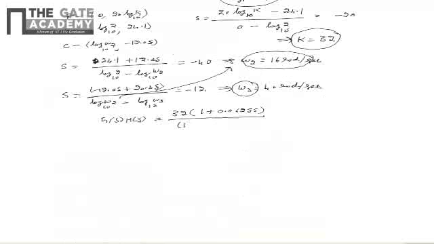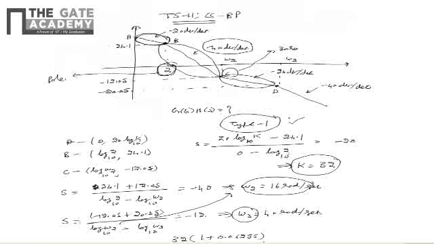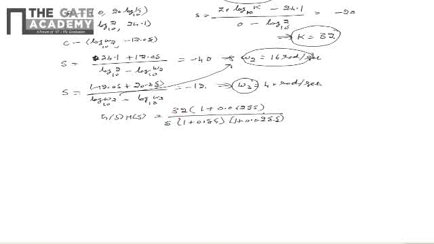So this can be written as (1 plus 0.5s) multiplied by (1 plus 0.025s). Please note that as the system is type 1 system, there is a factor s here.